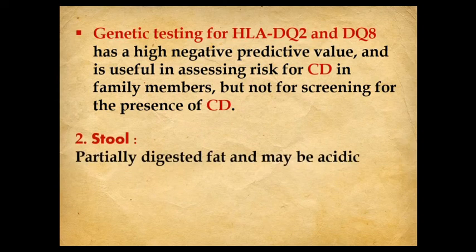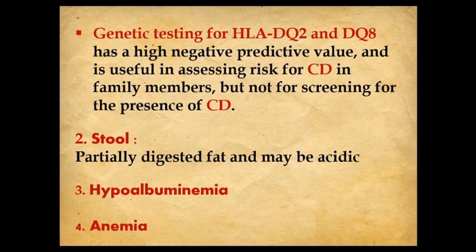After doing the serology and genetic test, the stool is important because we will see partially digested fat and maybe acidic stool because of the deficiency of lactase enzyme. Hypoalbuminemia may be a manifestation because of the malabsorption of protein, of course.